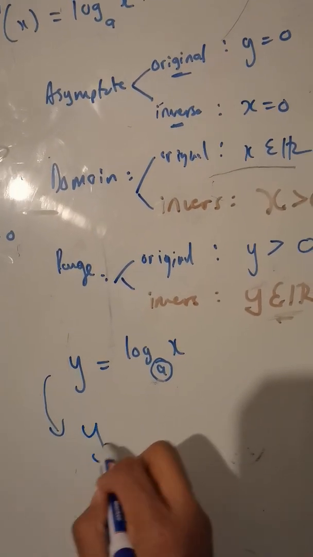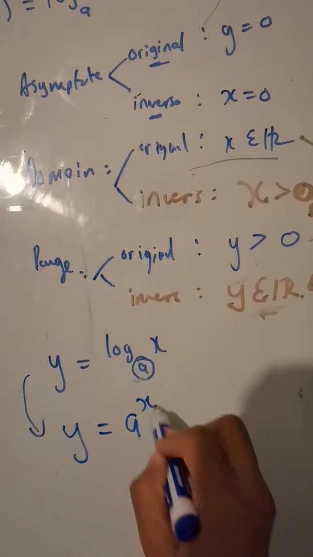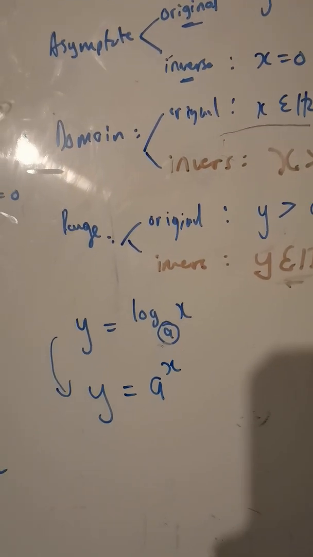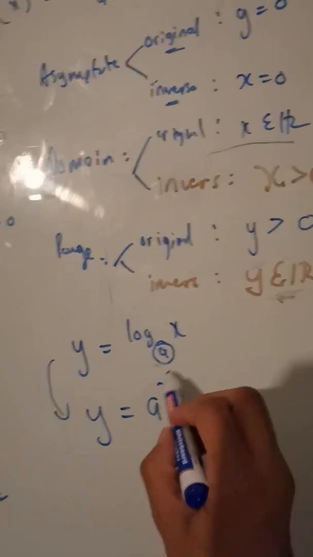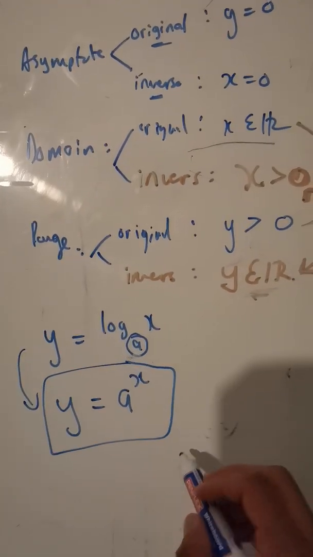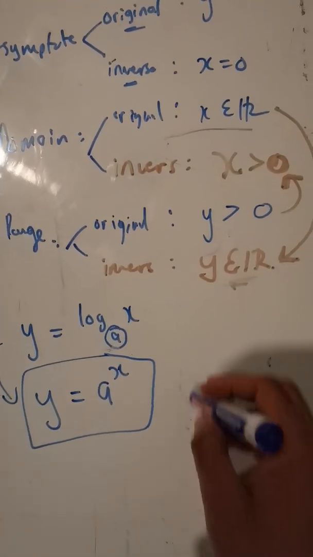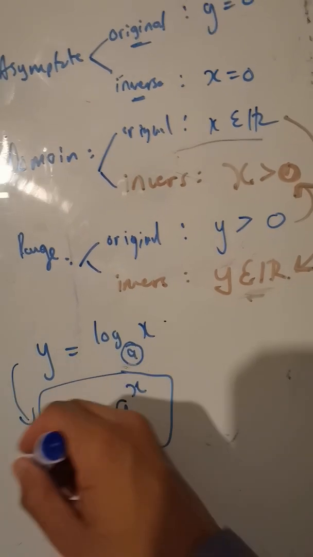So then just keep the y and say y is equal to a to the power x, basically. And that's how I remember to go from the inverse back to the original.